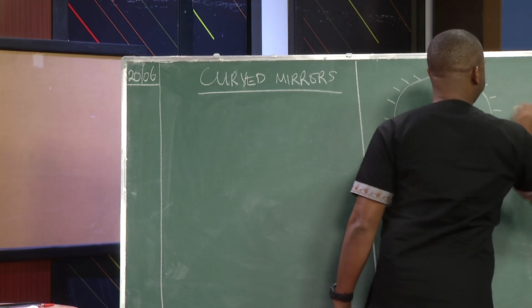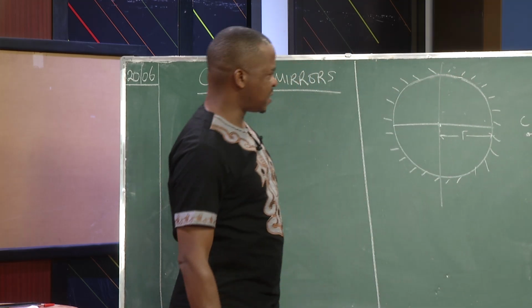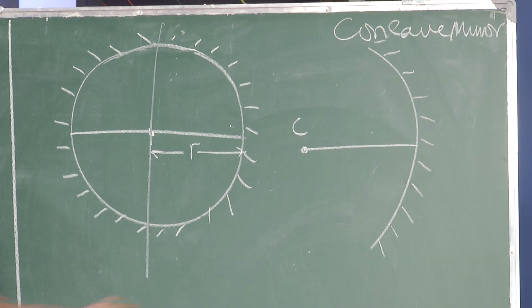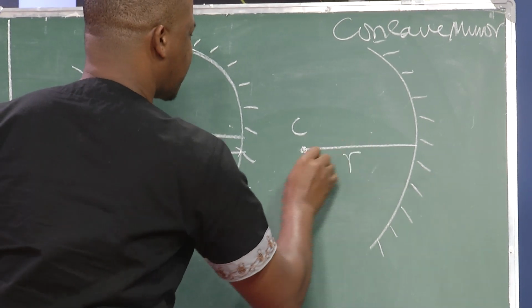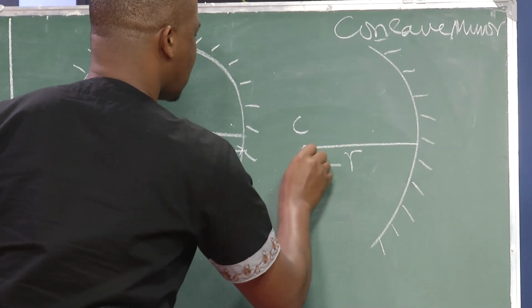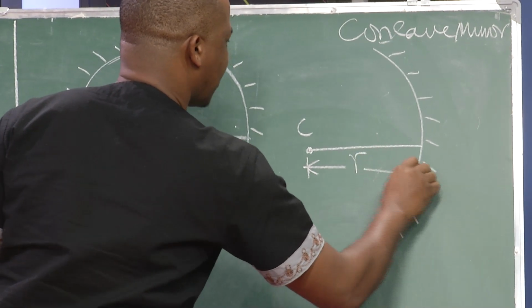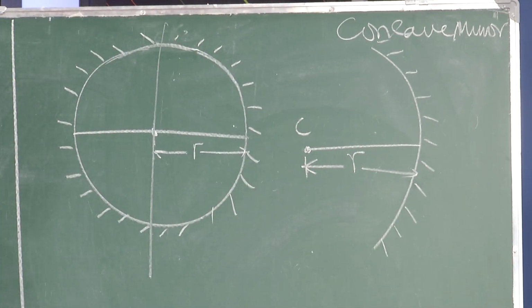With a center, which we shall label as C, and of course, the distance from the center to the circumference, we shall later on define it as radius of curvature.